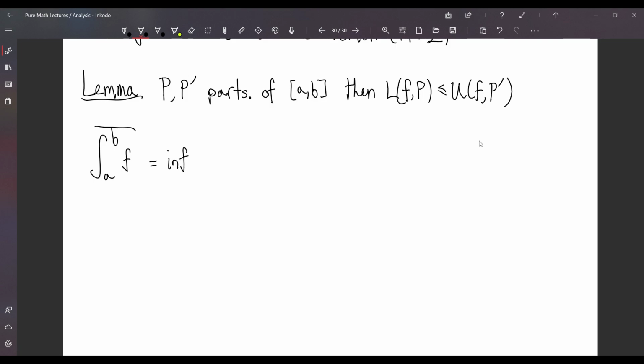And what this is going to be is the infimum of the set consisting of upper sums with respect to a partition. So P is a partition of AB.